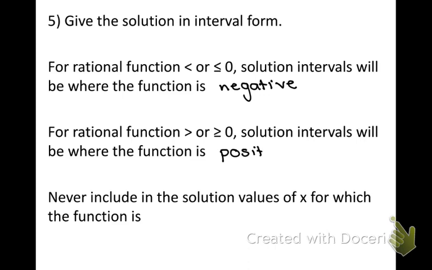So from a visual standpoint, that's where it's above the x-axis. And we never include in the solution values of x for which the function is undefined. That's going to be important when we talk about parentheses versus brackets. If it is undefined, or DNE, where we've got that vertical asymptote, we're always going to make sure that we use parentheses on those numbers.